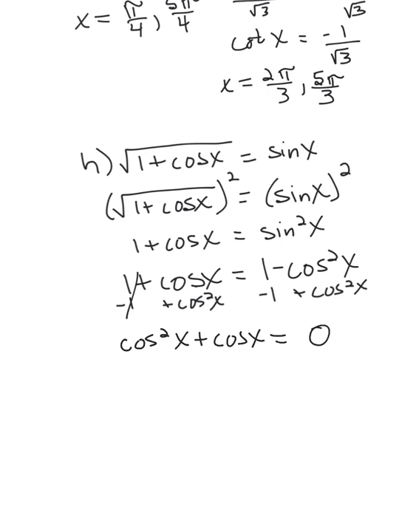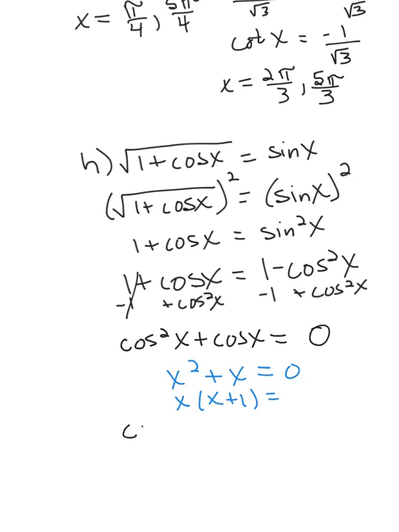What I need you to recognize here is that this is the same idea as if we had had x squared plus x equals 0. We can factor out an x from both terms and then have x plus 1 as our second factor. We are going to use exactly that same idea, but we are going to do it with a cosine of x.